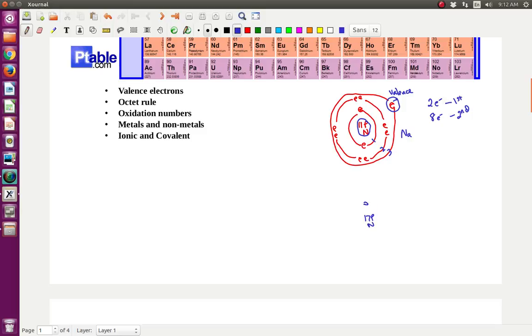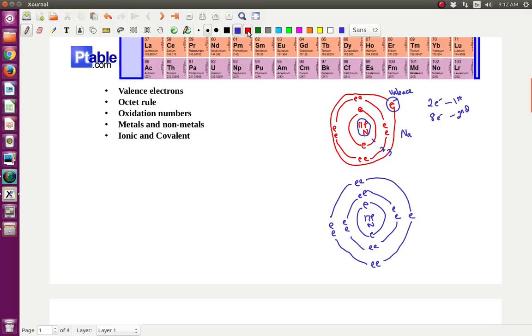Then it's going to have 2 electrons in the first energy level, 8 electrons, 2, 4, 6, 8, in the second energy level, so that's a total of 10. And then it's going to have 7 in the third energy level.